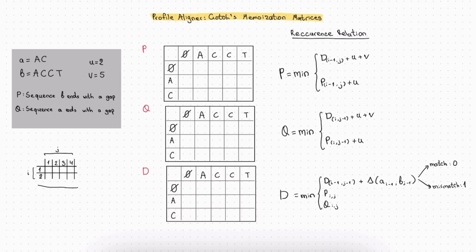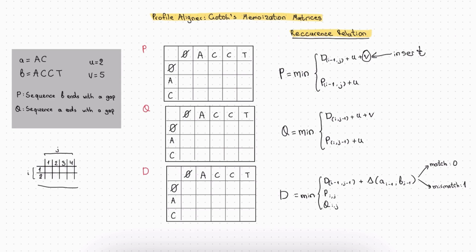On the rightmost panel, we have the recurrence relations for each of the three matrices. For P, in order for sequence B to end with a gap, there are two things that may happen. First, if there was no gap before, we may have to insert a gap, and this is what the first part corresponds to. Note how we have V over here. This is because we are inserting a gap, therefore we have to penalize the alignment.